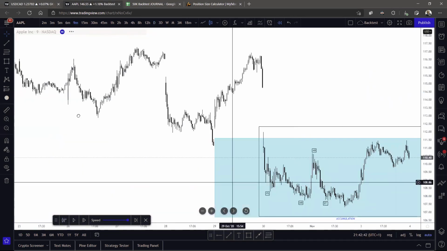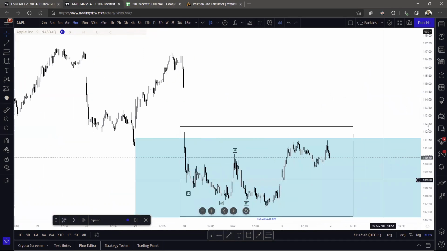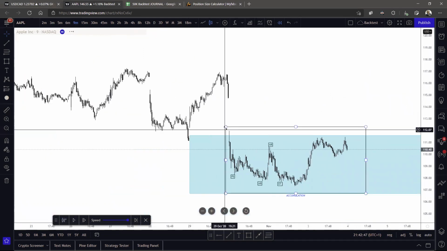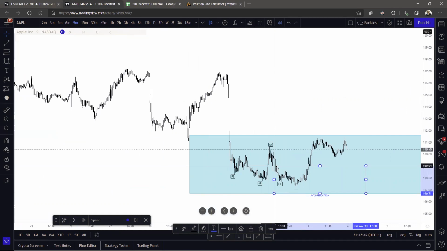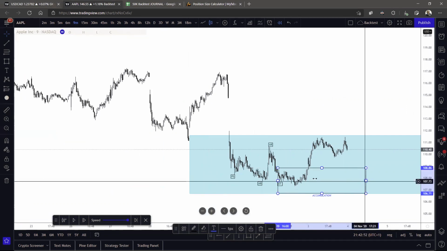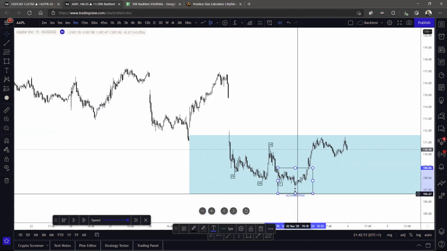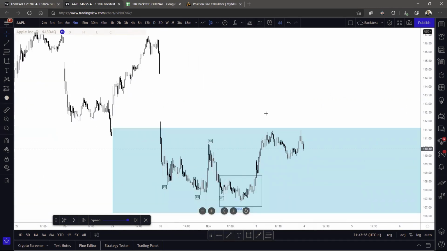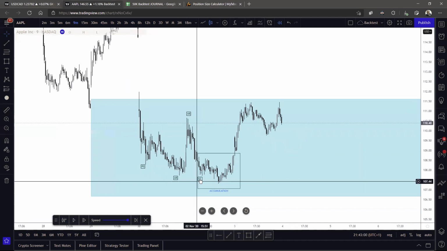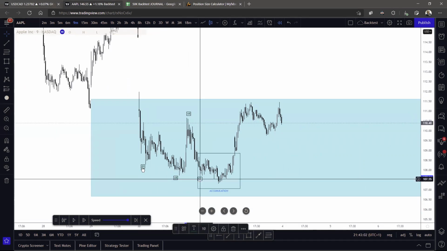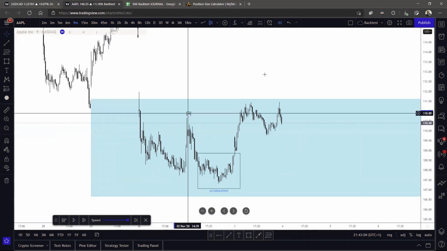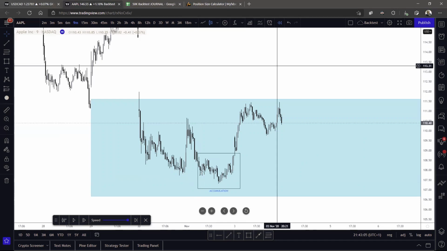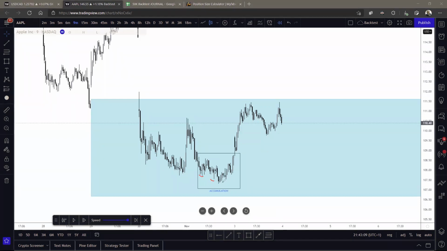I guess it'll be this micro accumulation right in here. No, I was looking at, you can see one drive, two drive, three drive.